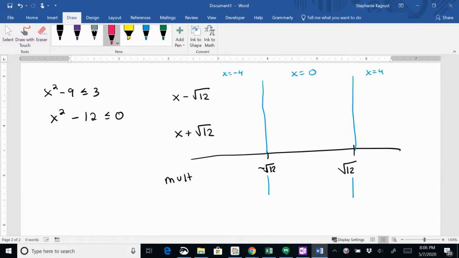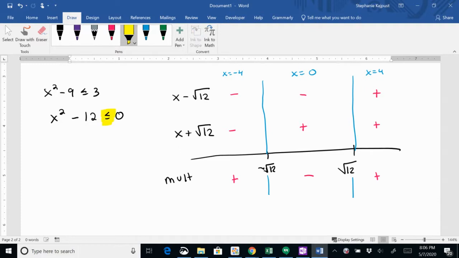Now I'm just going to do all of this on my calculator, so it's going to be a negative times negative, which is a positive. When I plug in 0, that's negative, positive, which is a negative. And then positive. This is positive, which is positive.